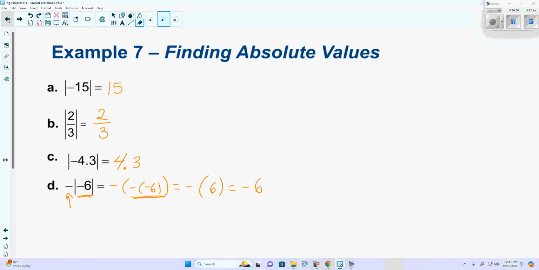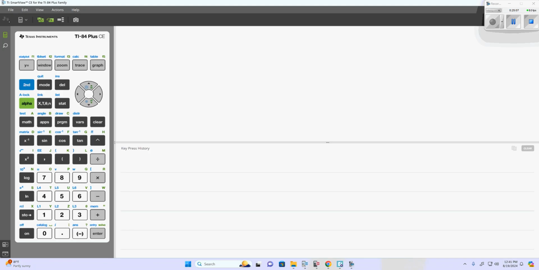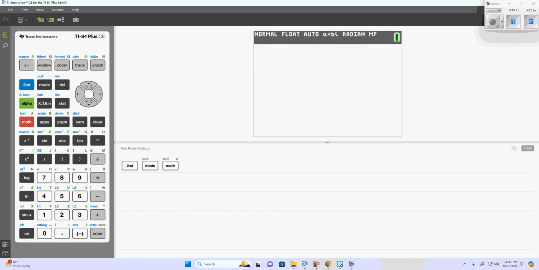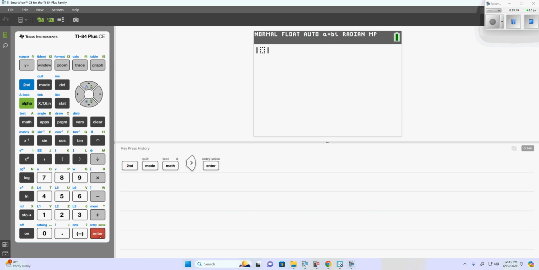Let's pull this up here. Second, quick: Math. If we click math and go over one to numbers, the first one, ABS, is actually the absolute value.